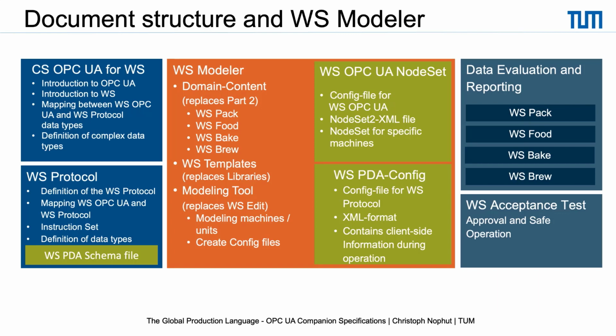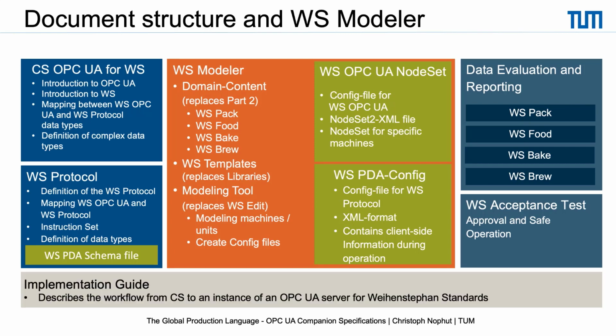We also have a document, the WS acceptance test. What we are writing on is an implementation guide, which describes the workflow from your idea to a running server with the information model of the Weihenstephan standards.